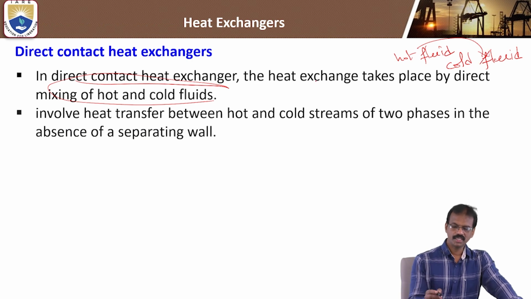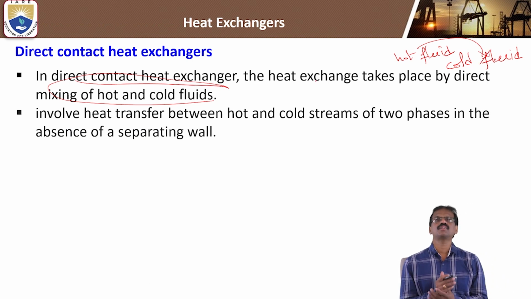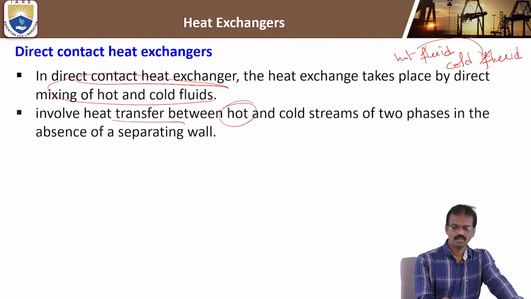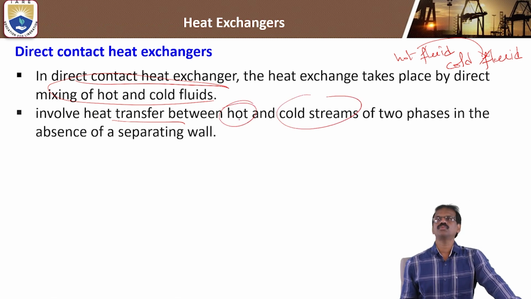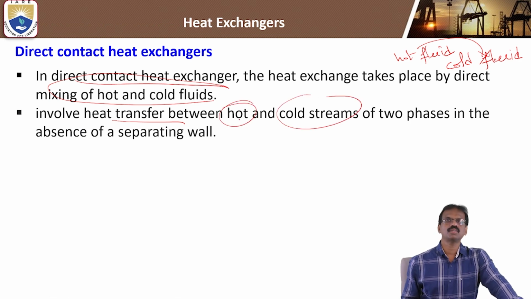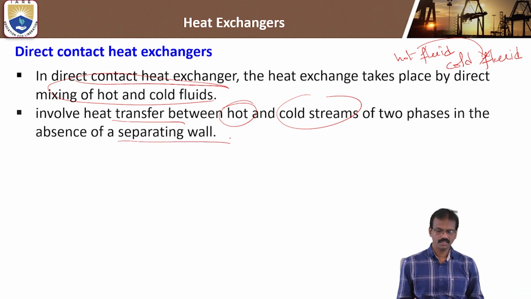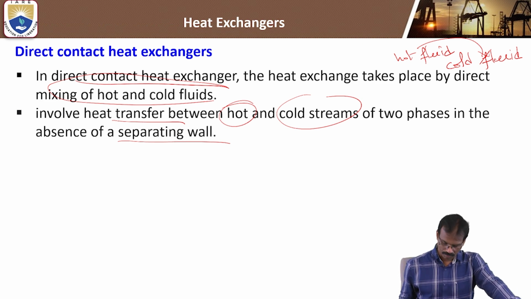It involves heat transfer between hot and cold streams of two phases in the absence of a separating wall. There is no separating wall or separating system, so both the fluids are in direct contact and the heat transfer takes place.